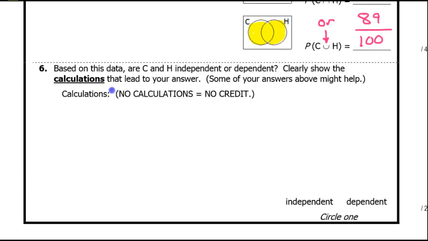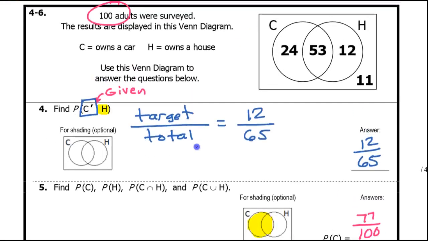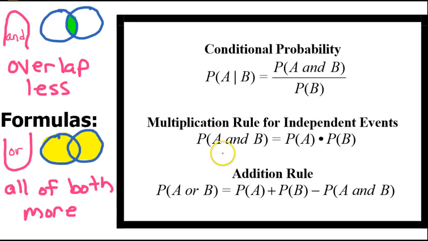Based on this data, are C and H independent or dependent? When it comes down to numbers, if you want to prove that two sets are independent, we're going to use this formula, the multiplication rule for independent events.